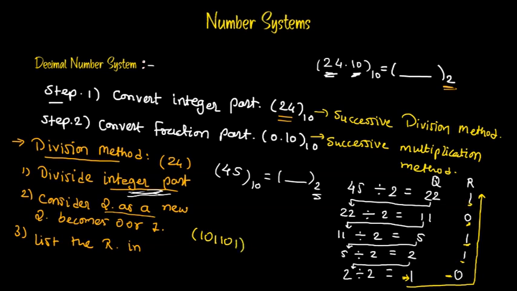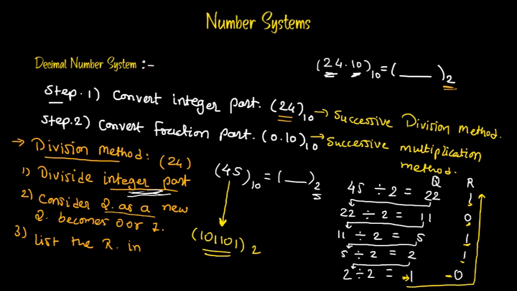So if we convert the decimal number 45 to the binary number system, we get the final answer 101101. Clear?